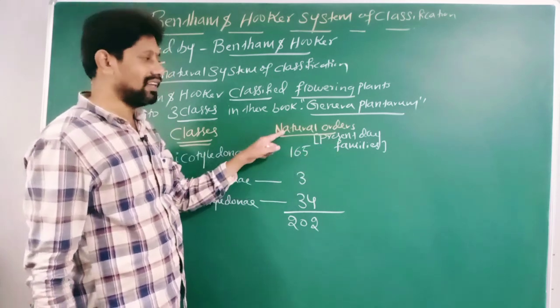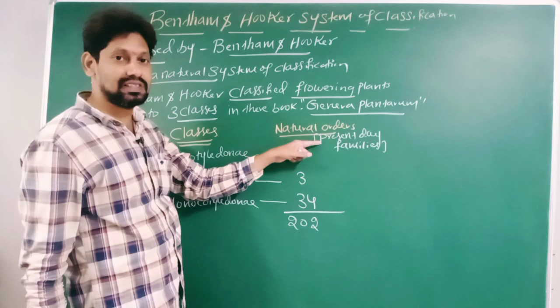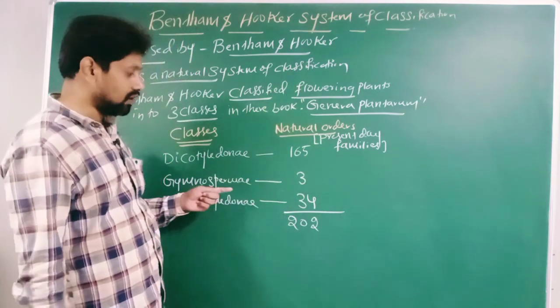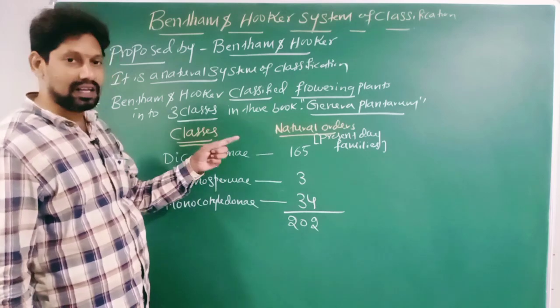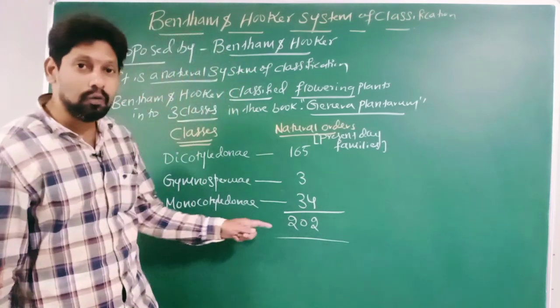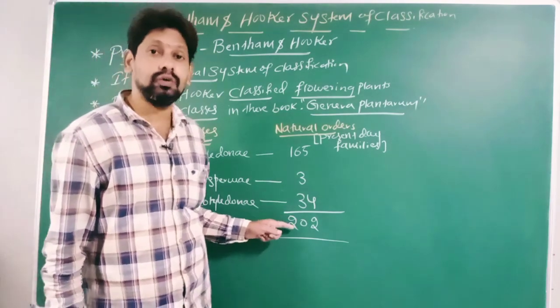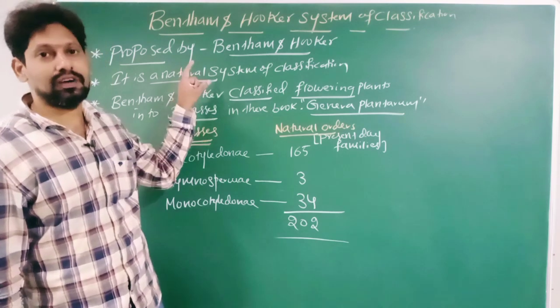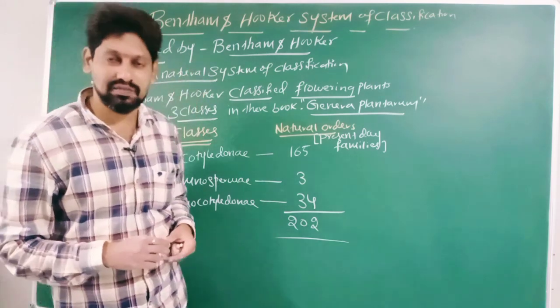Therefore, how many natural orders according to the Bentham and Hooker system of classification? 202 natural orders. This is the general introduction for the Bentham and Hooker system of classification, right?